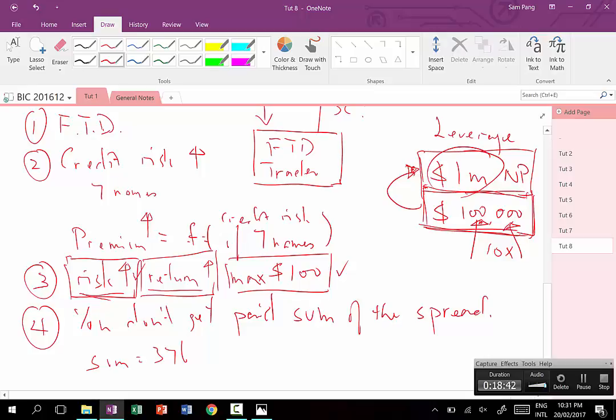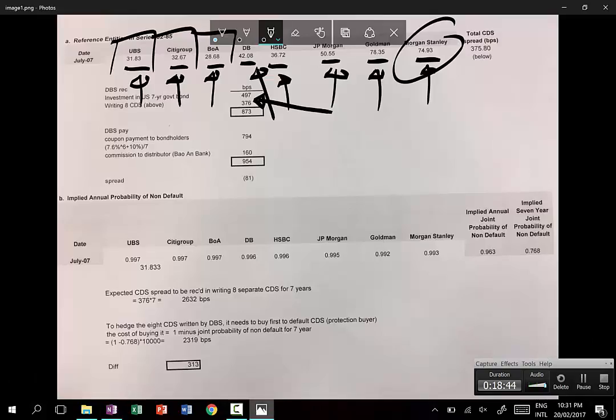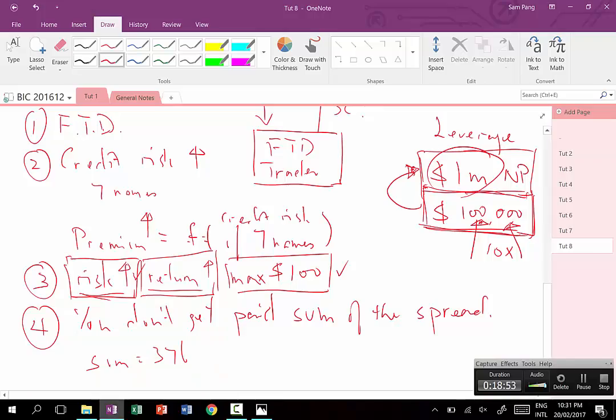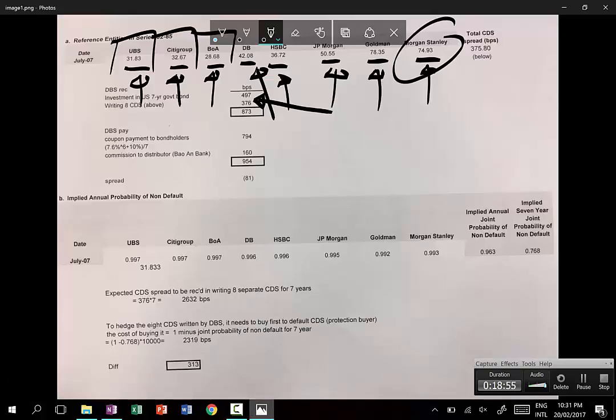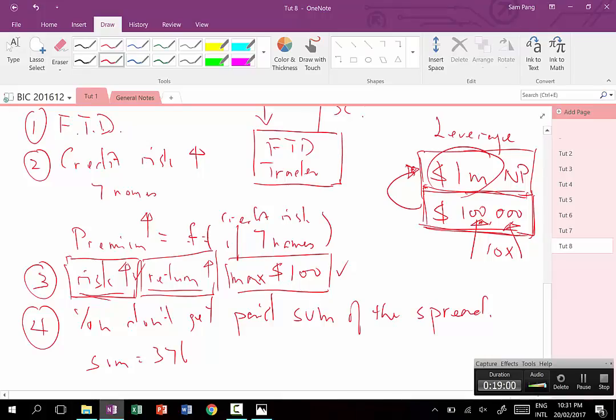And you can see here that the maximum spread, in fact, is with Goldman Sachs. So common sense tells you, and what is the spread there? 78 basis points roughly. So common sense tells us that what you should be paid for this first default basket note should be somewhere between 78 and 376.